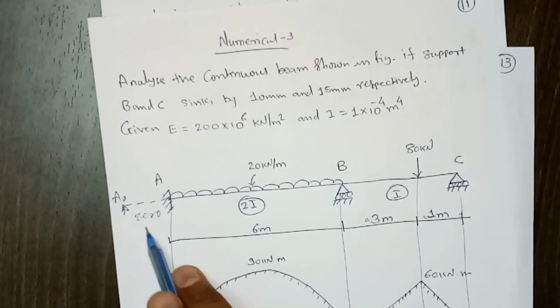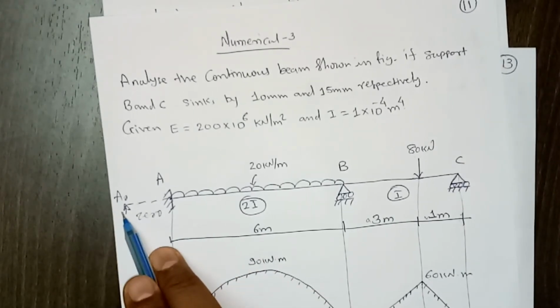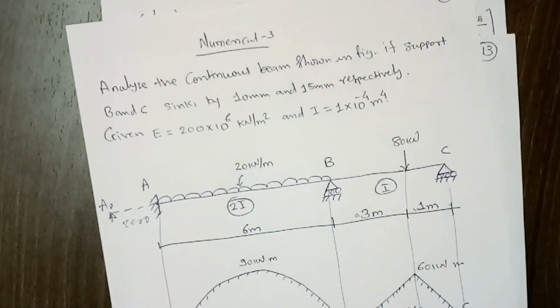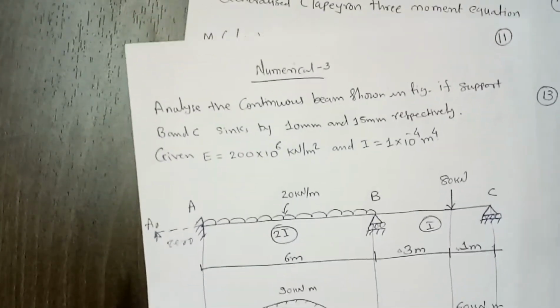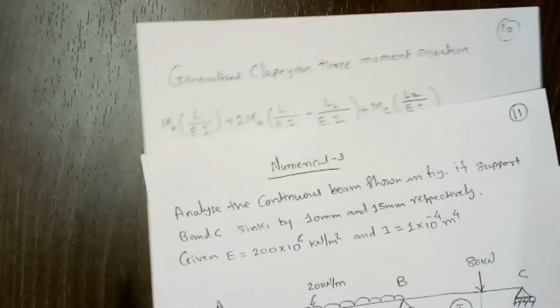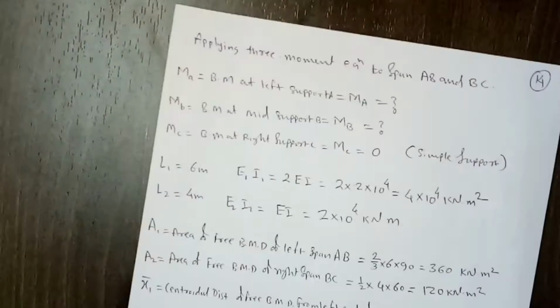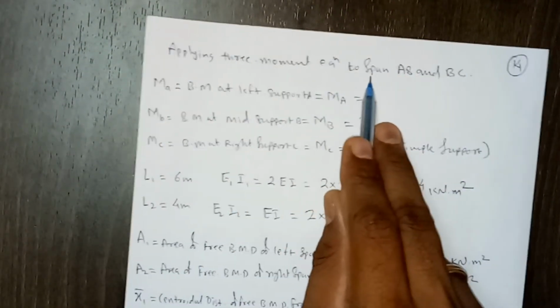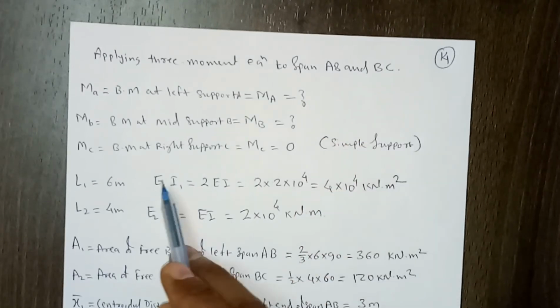When we did it for this one, this was the left support, this is the middle support, and this is the right support. So we'll use the Clapeyron's three moment equation for AB and BC now. Okay, so applying the three moment theorem equation for spans AB and BC.